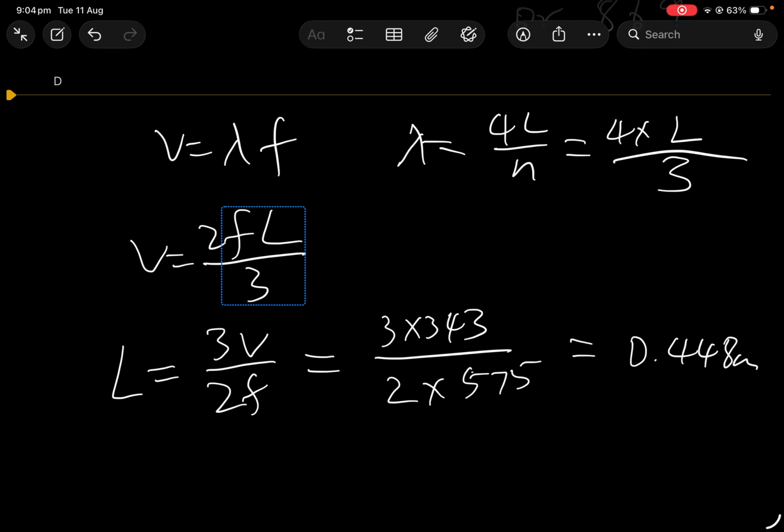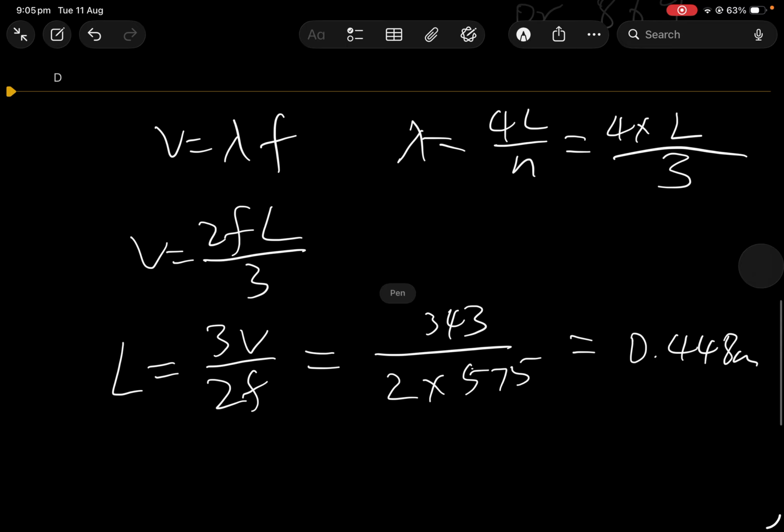That's not right. We did something wrong. Is it at the third harmonic? It says fundamental frequency, so it's not 3. I didn't read the question.